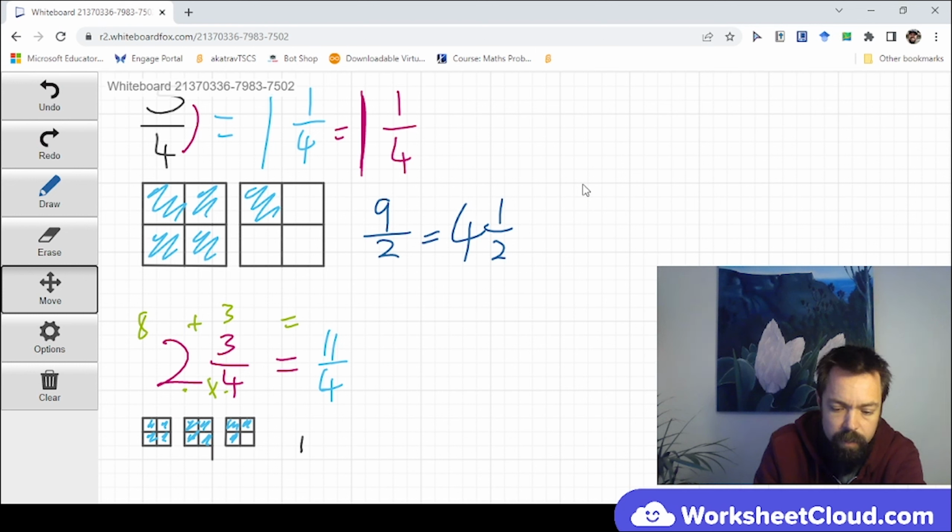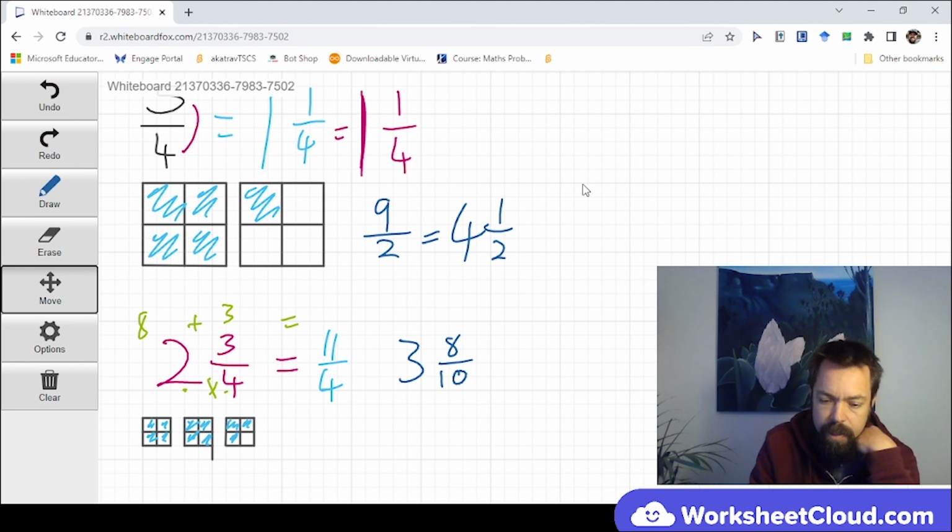Oh, no, sorry. I'm going the wrong way here. We've got 3 and 8/10. So we say 3 times 10 is 30, plus 8 is 38.